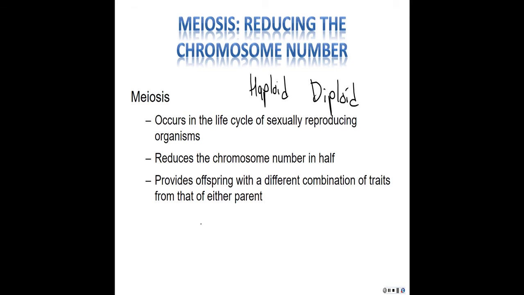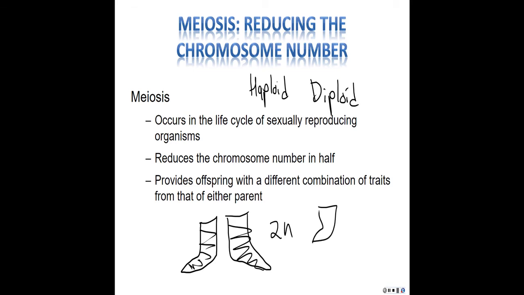If you just have one unpaired smelly sock, that one sock, versus having the other pair, the other sock, having 2 pairs of socks, that would be 2N or diploid. And if you only have one sock, these are terrible socks, that would just be N or haploid.